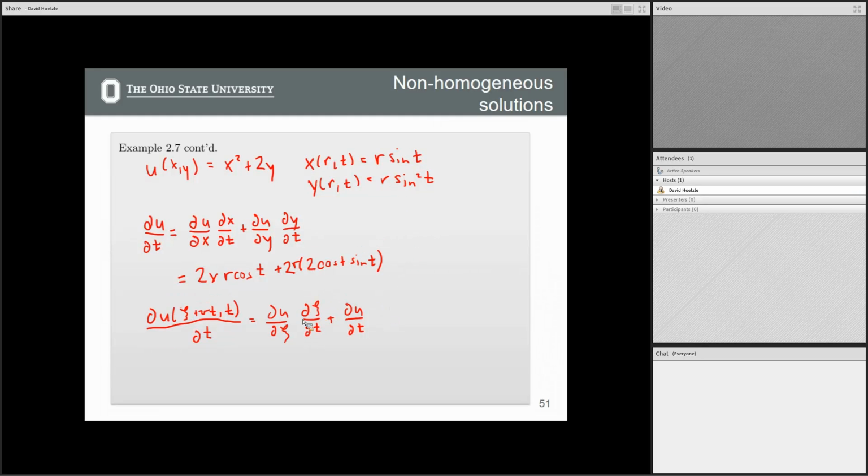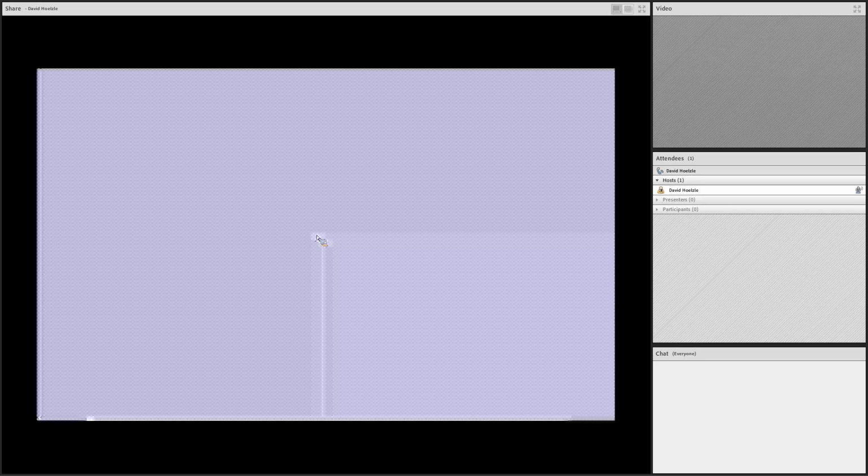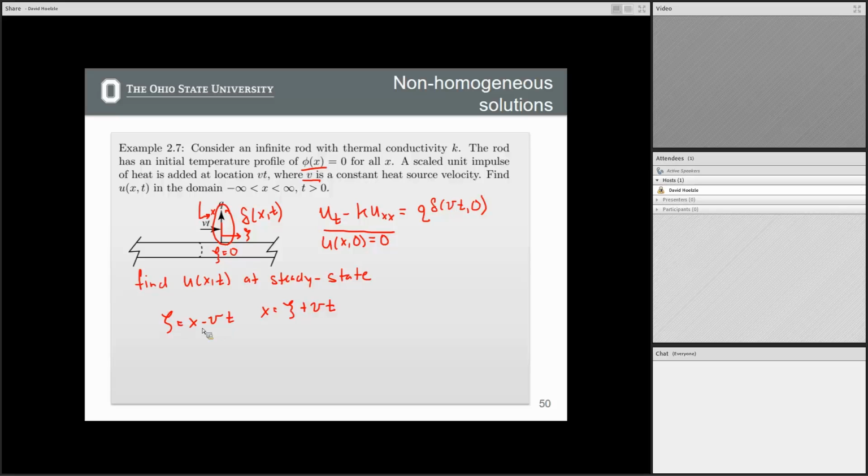Okay. To go back a second, but if I look at partial zeta with respect to time, right, this is going to give me negative v.